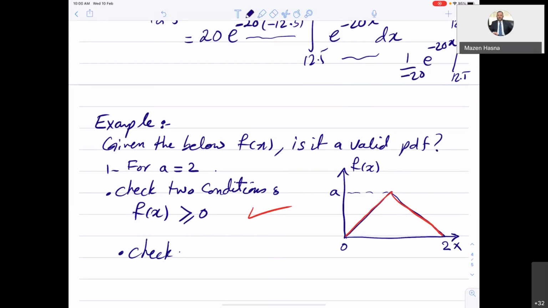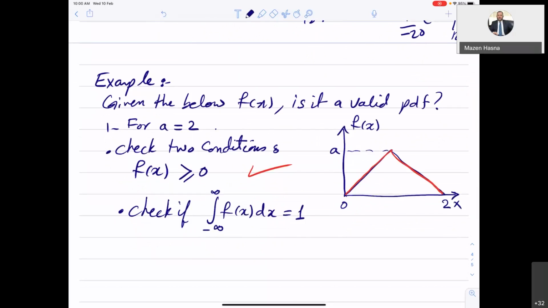The second condition is what? Check if the integration from minus infinity to infinity of f of x dx equals 1. Meaning, check the area under the curve. What's the area under this curve? This is a triangle.